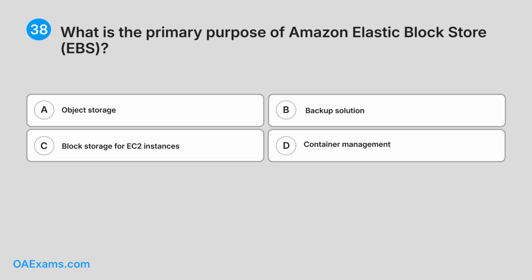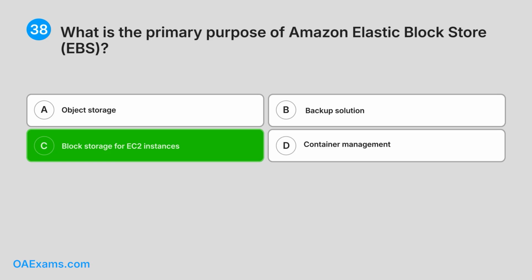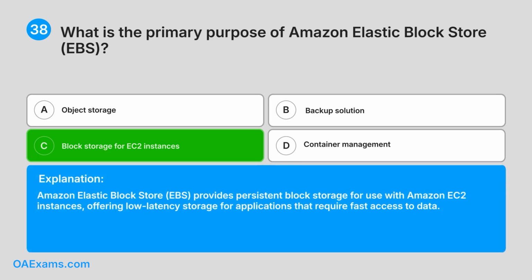Correct answer: C. Explanation: Amazon Elastic Block Store, EBS, provides persistent block storage for use with Amazon EC2 instances, offering low-latency storage for applications that require fast access to data.